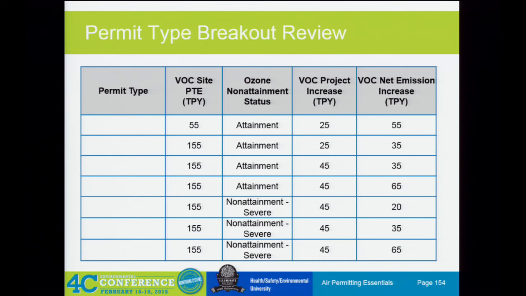This table will change based on how your state is implementing non-attainment regulations. These are the minimum thresholds that the federal regulations require. So if your state wants to lower them so that you trigger non-attainment sooner, they're welcome to do so. Yep.